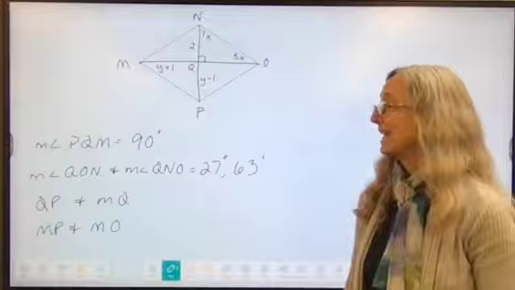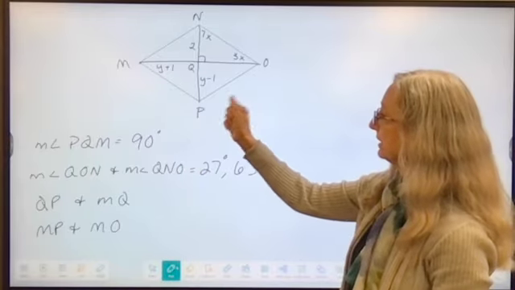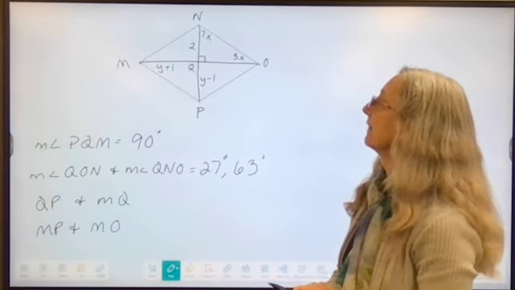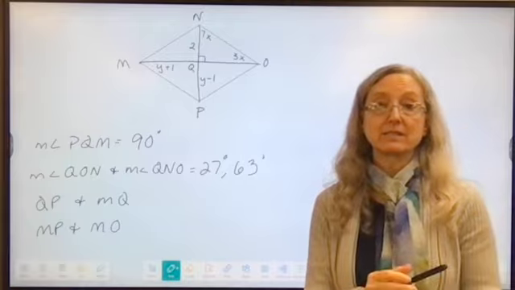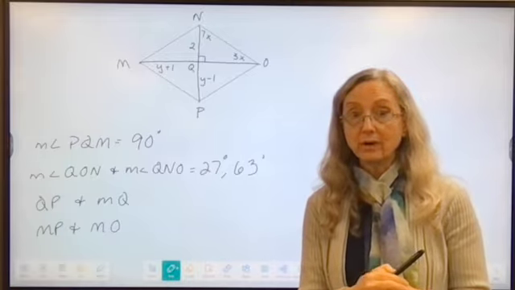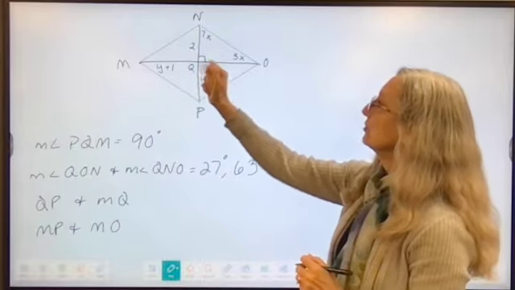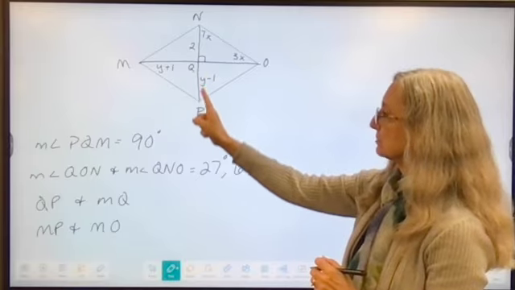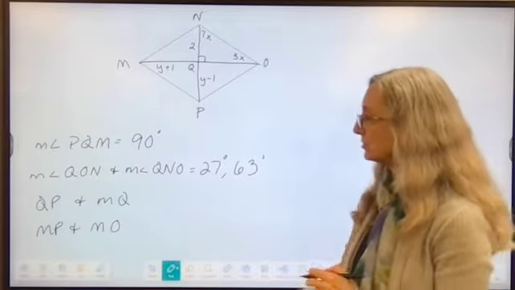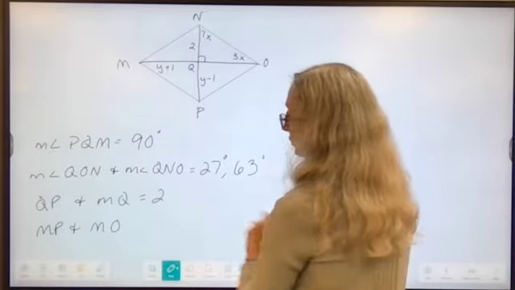Okay, next we've been asked to find QP and MQ. Now, because this is a parallelogram, the diagonals bisect each other. And since NQ is 2, that means PQ, or QP, also has to be 2.